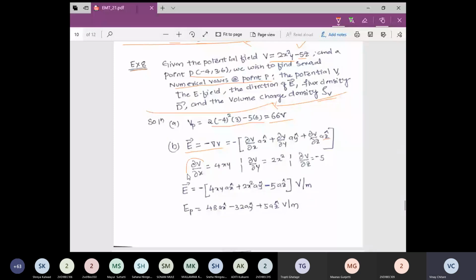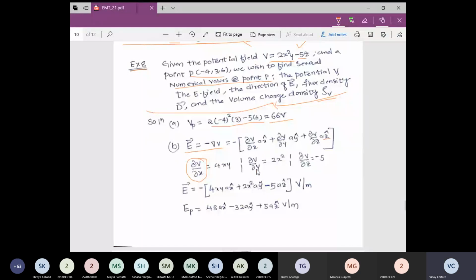Dou V by dou X means I should take the complete potential field and make a partial differentiation with respect to X. If I do that, it will be 4xy. Z will be acting as a constant, so it will be 0.